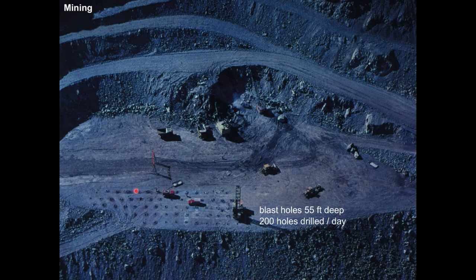And what happens is at each mine, there are 2 people who are certified by the Alcohol, Tobacco, and Firearms, a branch of the federal government in the United States, and similar entities in countries around the world. After the holes are drilled, explosives are put in the bottom of the hole, and then the hole is blown up. And I'm going to show you a video so you can see what happens, and then I'll walk you through how that actually occurs and the sequence with which each one of the holes is detonated.